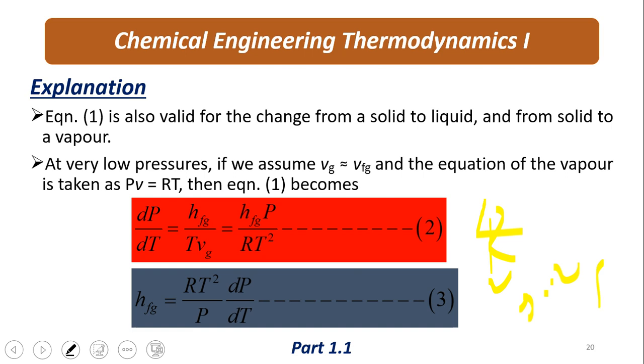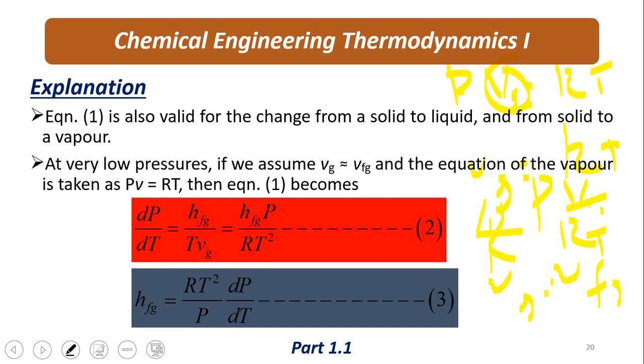From this equation we can understand that PV equals RT for the gas. So in place of Vg, you can find Vg equals RT over P. So you can calculate it by using this equation.